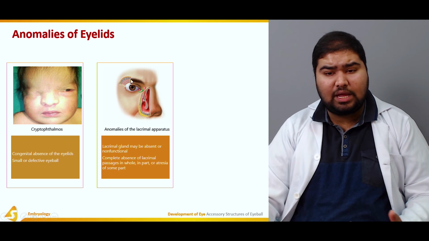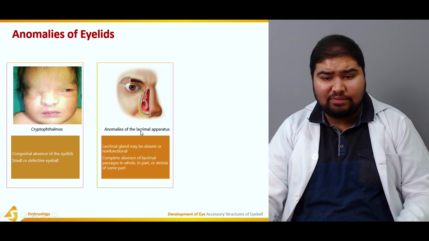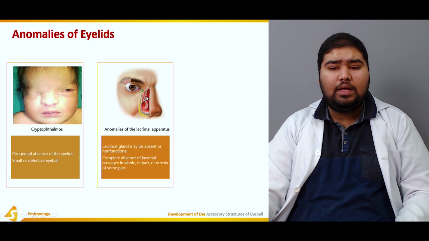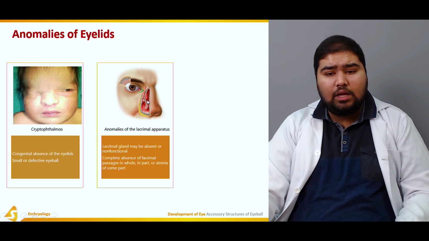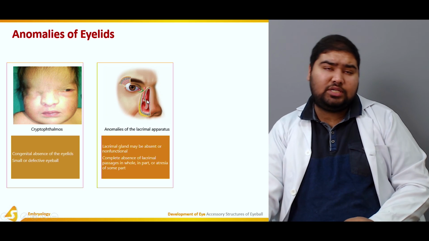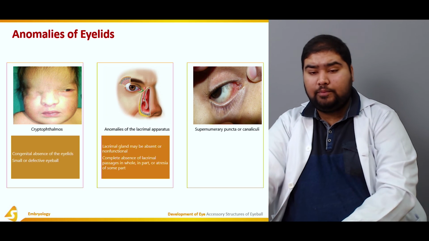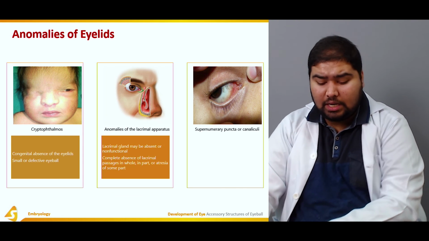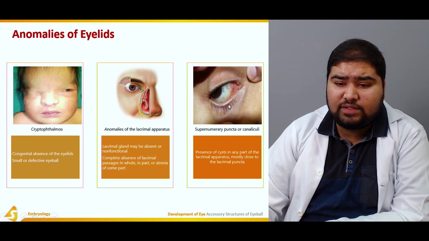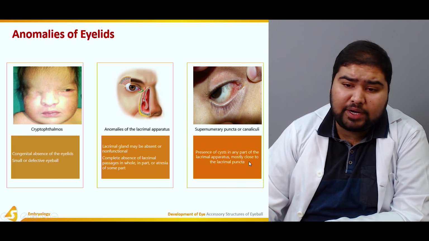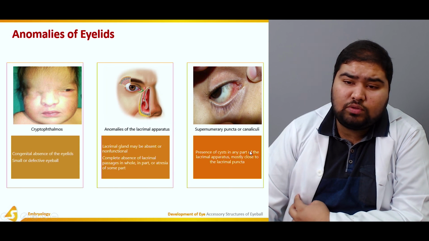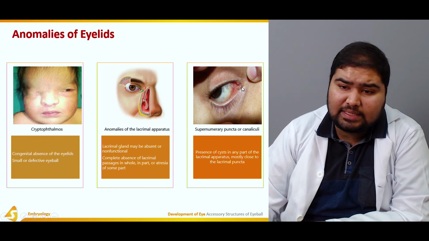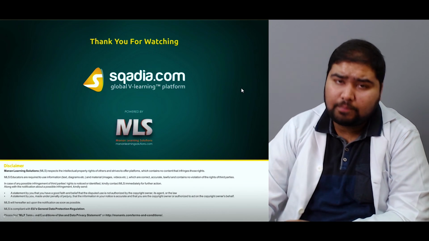So first of all, there can be a problem with the gland itself. There can be complete absence of the lacrimal passages in whole or in part, or atresia of some parts. Then we can have supernumerary puncta or canaliculi. There can be a cyst in any part of the lacrimal apparatus, mostly close to the lacrimal puncta. Here you can see in the figure.